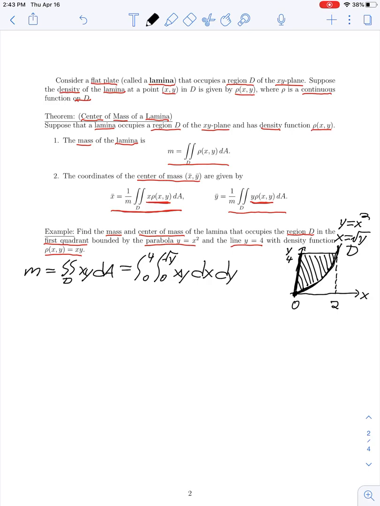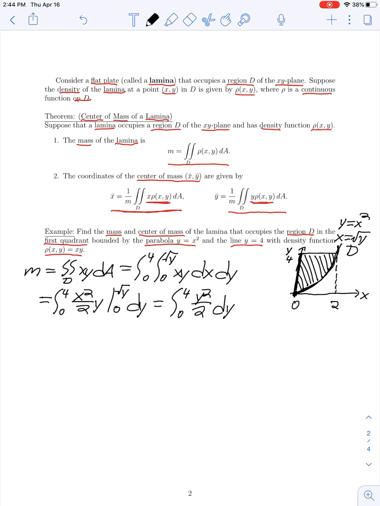So let's see what we get here. We would have, for our inner integral with respect to x, the antiderivative would be x squared over 2 times y, evaluating from 0 to square root y, and then integrating with respect to y. So if we substitute the square root of y in place of x, we have the integral from 0 to 4 of y squared over 2 dy.